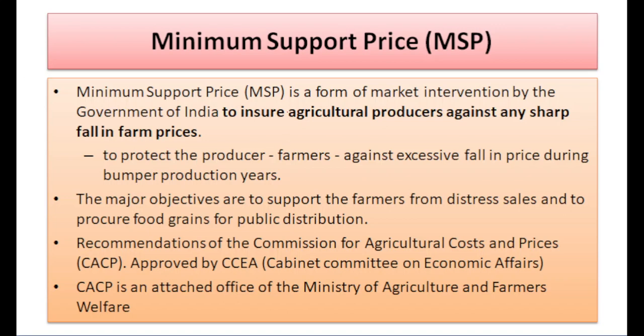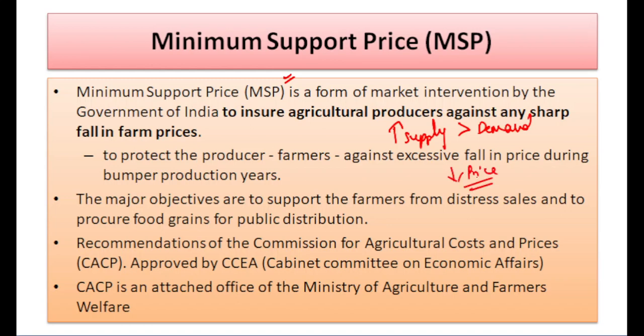MSP is the price announced by the government to protect the farmers from the distress sale in the economy. Whenever the bumper production happens, the supply of commodities will be more than the demand. When the supply is more than the demand, the price would fall.